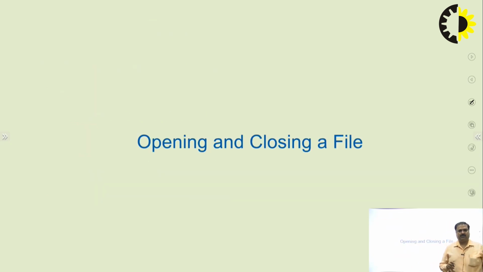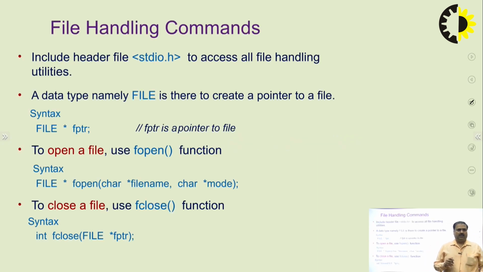So let's start with opening and closing a file. These are some file commands for opening, closing or file manipulation. All these functions are available in the stdio.h header file, which refers to standard input output. This header file contains the inbuilt functions related to file handling also.